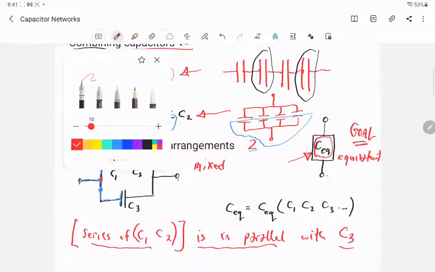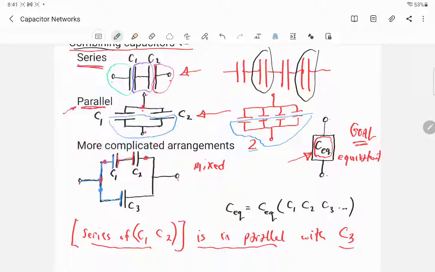So let's make that one in green. So this capacitor network is an arrangement of 3 conductors, similar to up here, but these 2 capacitor networks are very different, right? These 2 capacitor networks each have 2 conductors involved, but they are very different as well.